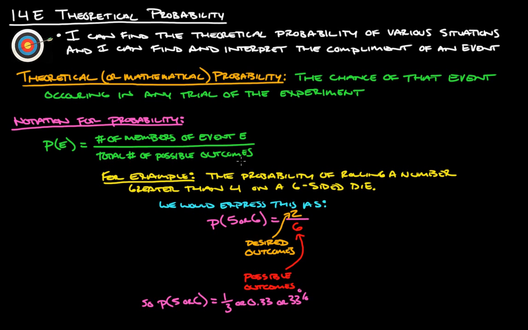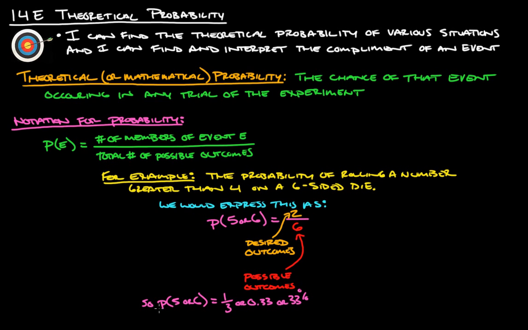of possible outcomes. Okay, for example, probability of rolling a number greater than 4 on a 6-sided die. So the number of members of the event that are greater than 4 would be basically 5 or 6. So we're finding out the probability of rolling a 5 or a 6. Okay, so there's 2 desired outcomes and there's 6 possible outcomes.